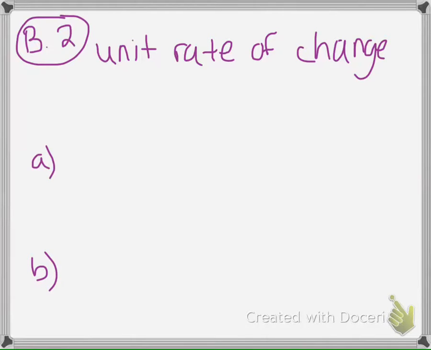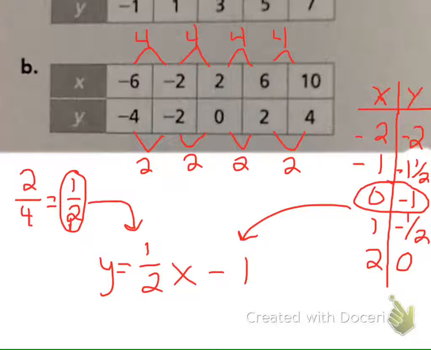Okay, B2 asks you to write the unit rate of change for A and B. This is kind of a trick question. They want you to realize that the slope is the same thing as the unit rate. When we go through all of our names for slope, we have slope, constant rate of change, unit rate, the m, the coefficient.